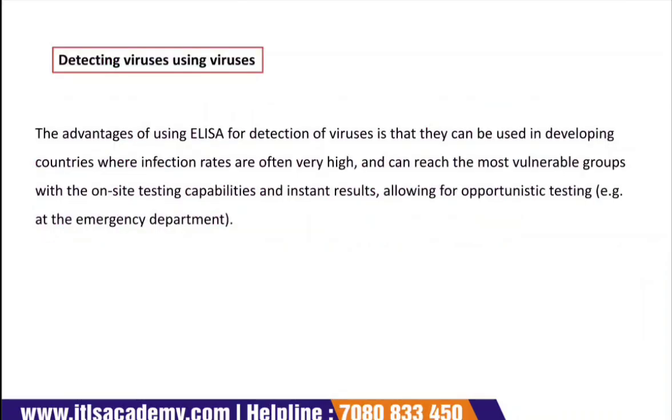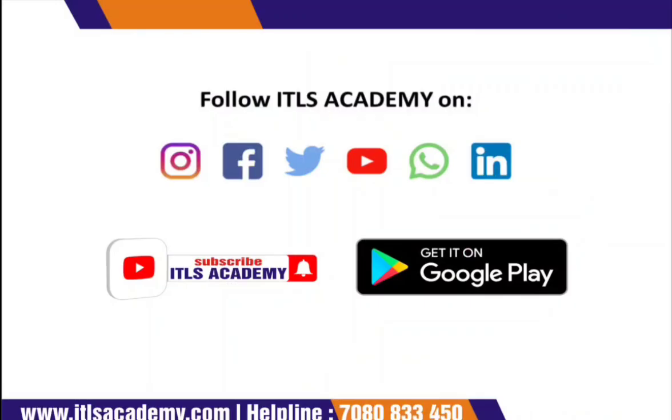So ELISA is widely used by different food industries, because what is the aim of every industry? The basic thing that every industry wants is to manufacture food and ensure that the food is free from contamination and different types of pathogens.